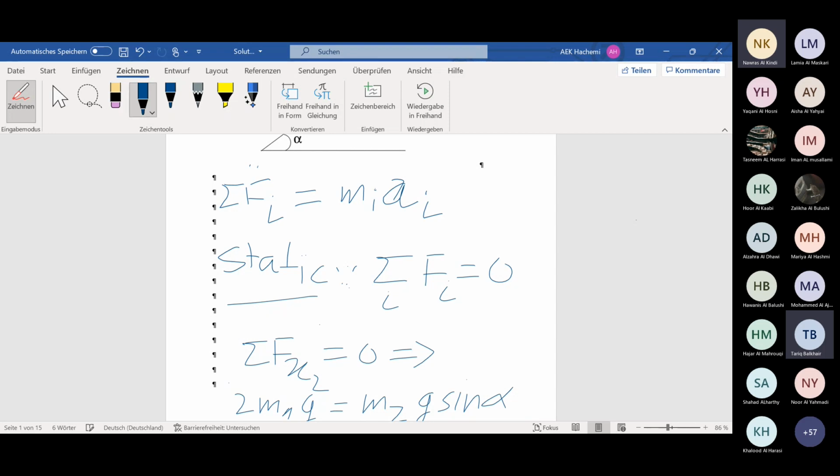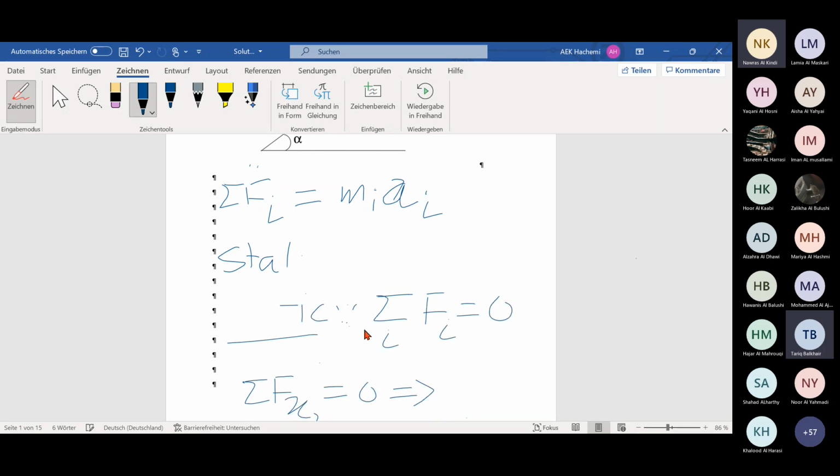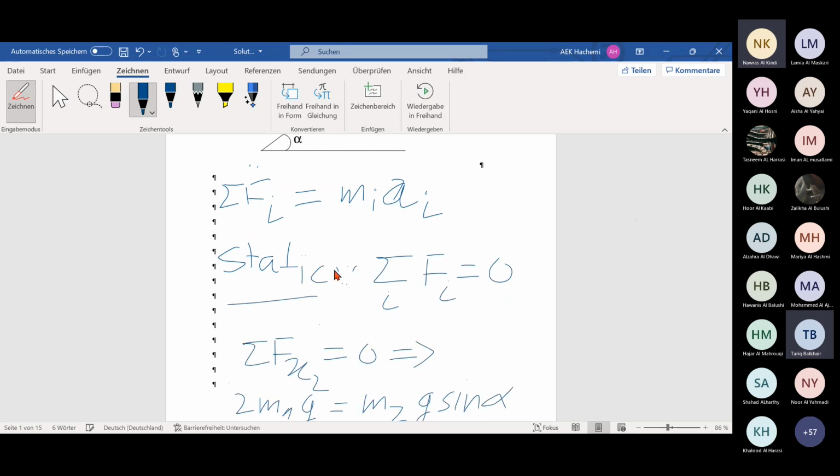Okay, then we see that here m1, I close it, I return back.